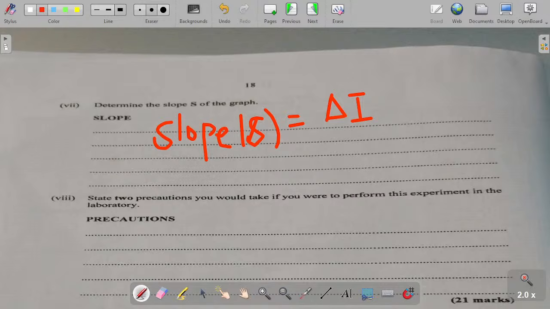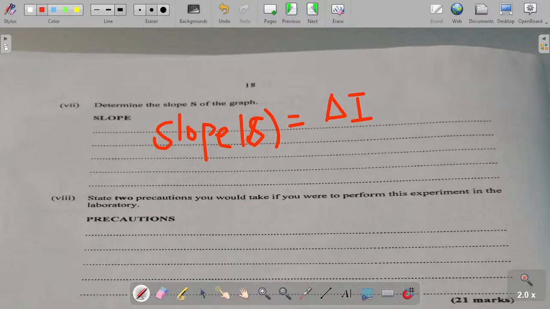Sorry, change in P, not V. Change in I over change in P, which is I2 minus I1 over P2 minus P1. You see it?